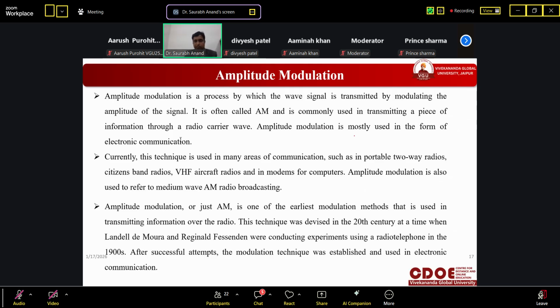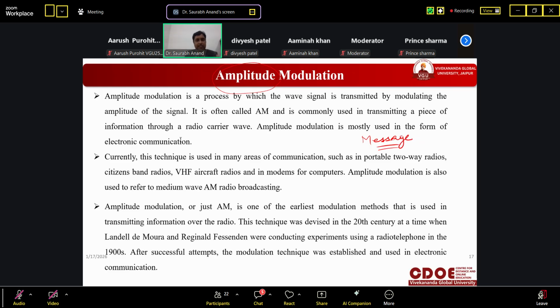So what I told you is that there are parameters. Amplitude is one of the parameters of the signal. So what are we doing in modulation actually? We are varying the parameter of the carrier wave, because the information or message signal, whatever we have, we cannot change.